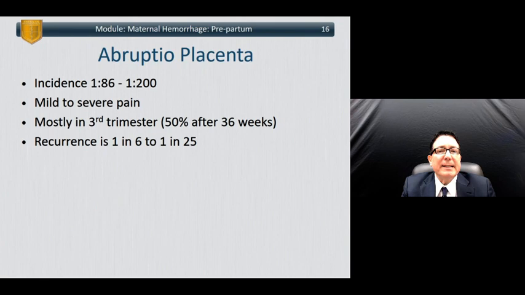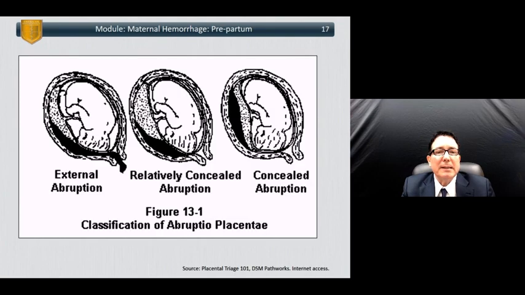Abruptio placenta, the incidence happens a little bit more frequently than placenta previa. Incidence 1 in 86 to 1 in 200 of pregnancies. Here there is mild to severe pain. Usually in the third trimester of pregnancy, 50% occur after 36 weeks. And the recurrence also can be very high in subsequent pregnancies.